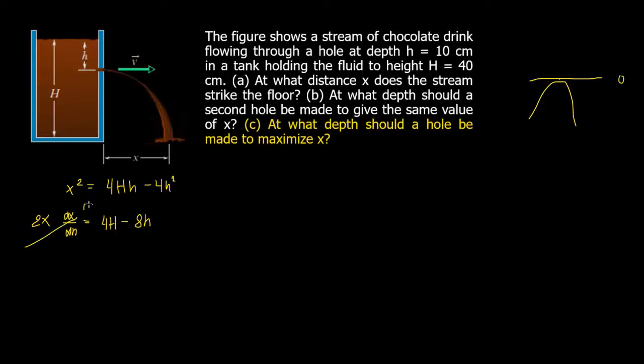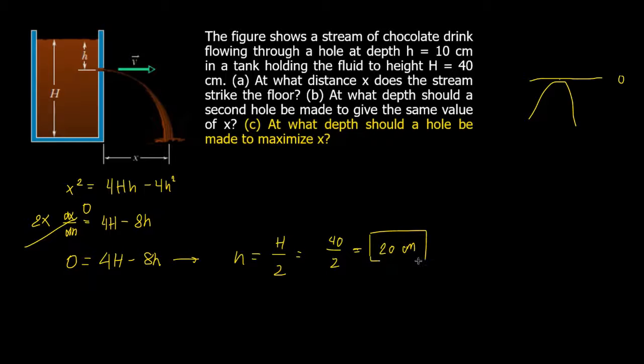So this will be cancelled out. We're finding the value of small h that will maximize this. If we simplify and isolate, h equals one half of big H. So to maximize, that will be at 40 centimeters divided by 2, at a depth of 20 centimeters below the surface of the chocolate drink.